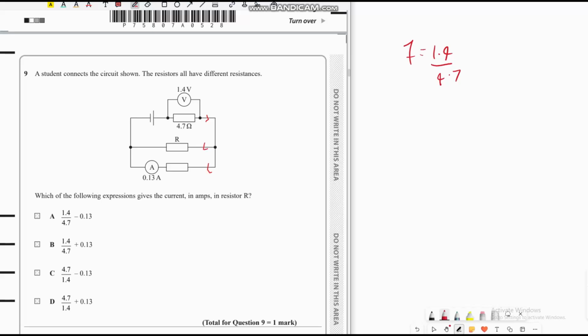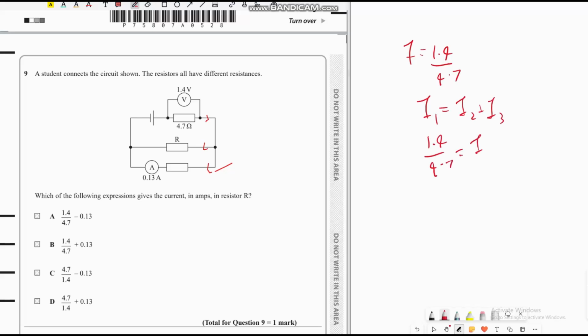If I write this as I1, this one as I2, and this as I3, I can say I1 equals I2 plus I3. I1 is 1.4 over 4.7.